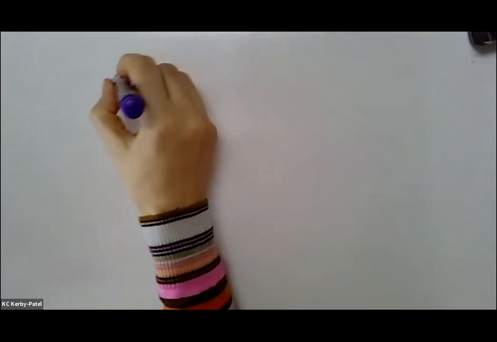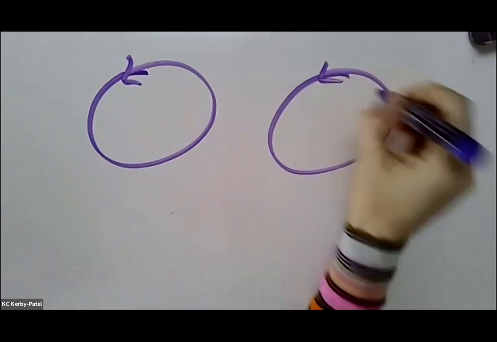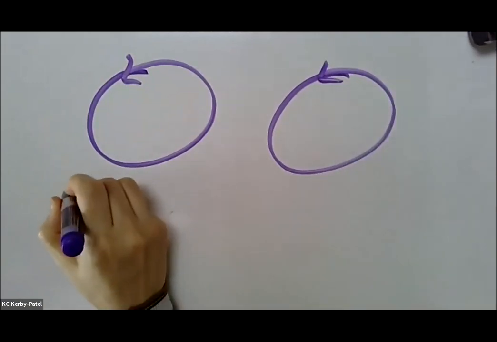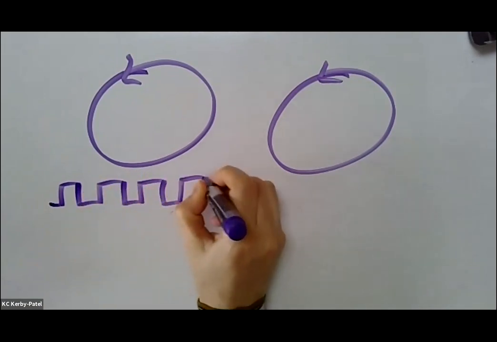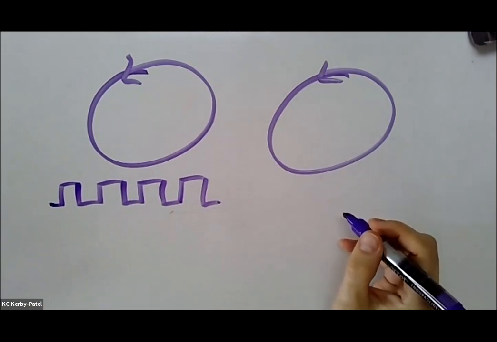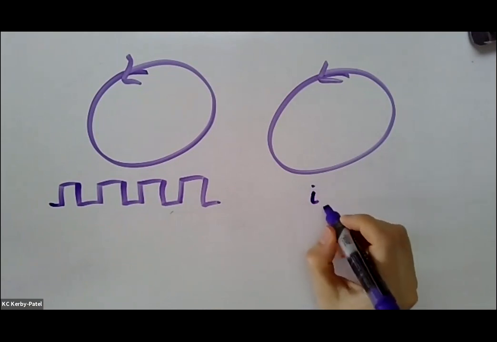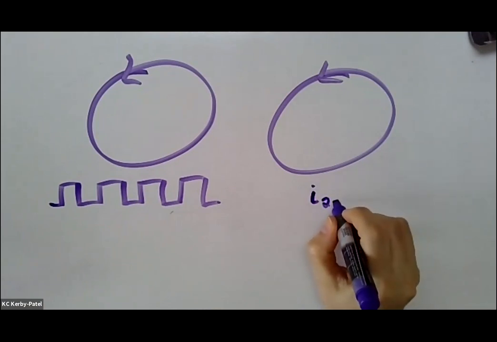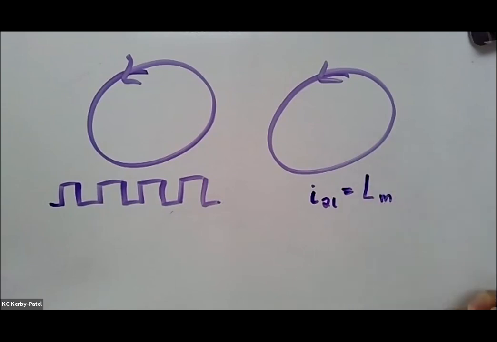Another thing that can happen is, remember this picture that I drew? Let's say we have circuit 1 and circuit 2. If circuit 1 has a square wave on it, then on circuit 2, if there's any sort of mutual inductance between these things, then I can write that the current on circuit 2 due to circuit 1 is equal to that mutual inductance.